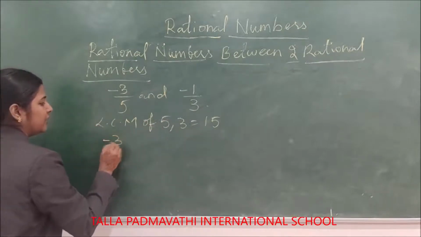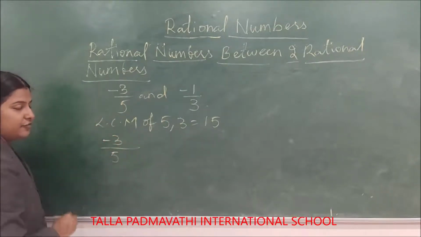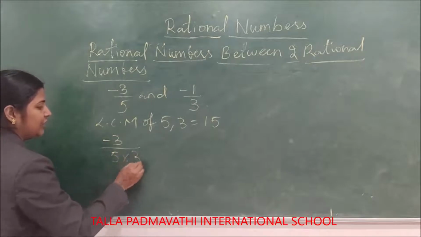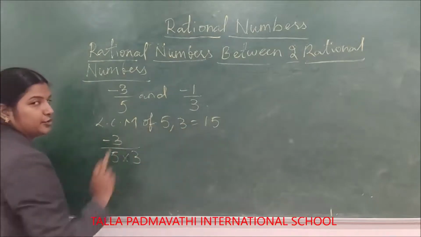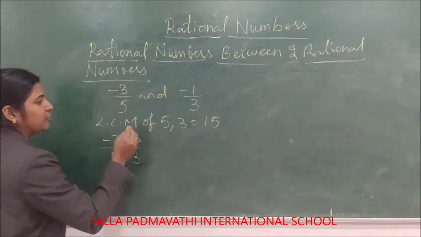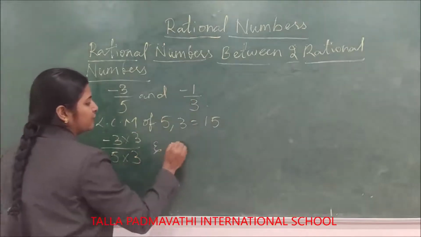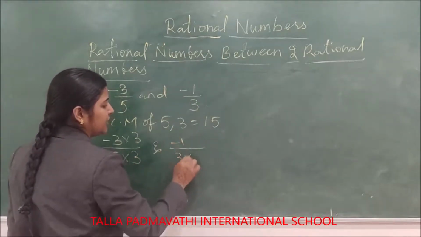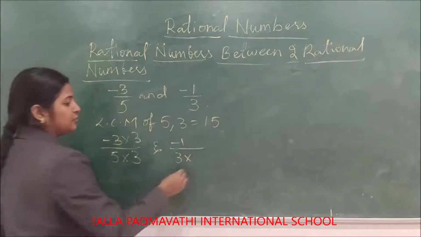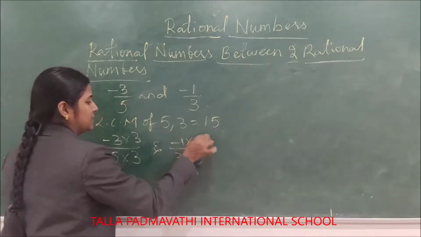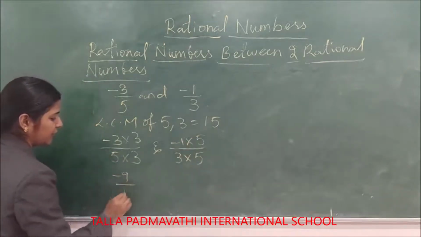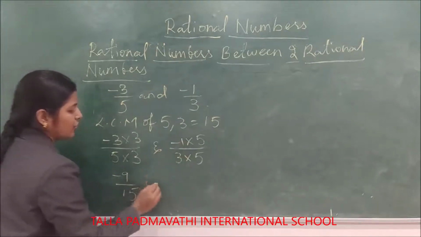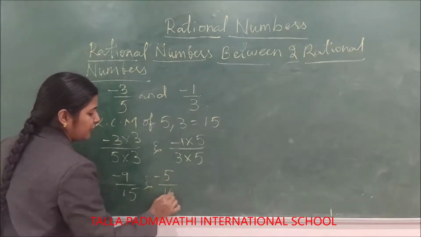So what will we get? Minus 3 by 5: if you multiply 3 to 5, you are going to get 15, the same 3 here also you multiply. And here you have minus 1 by 3 into, 3 means you need to multiply 5. So just see, here you got minus 9 by 15 and here you got minus 5 by 15.